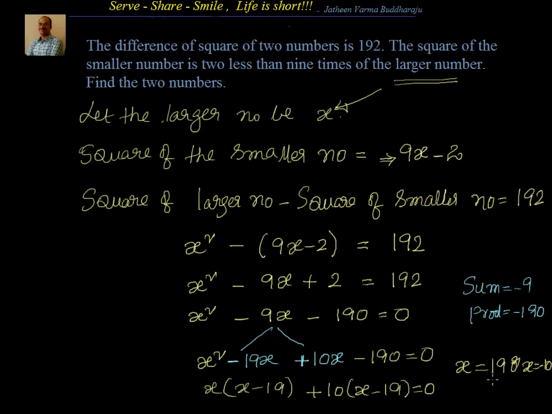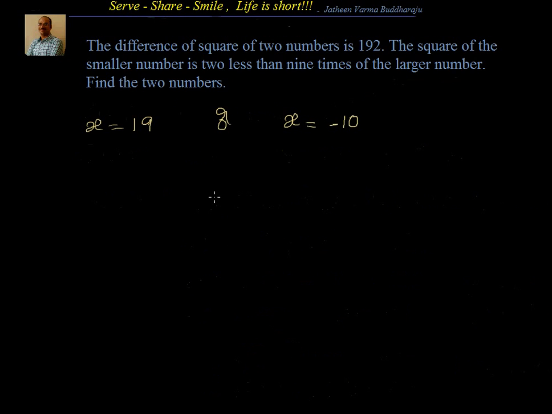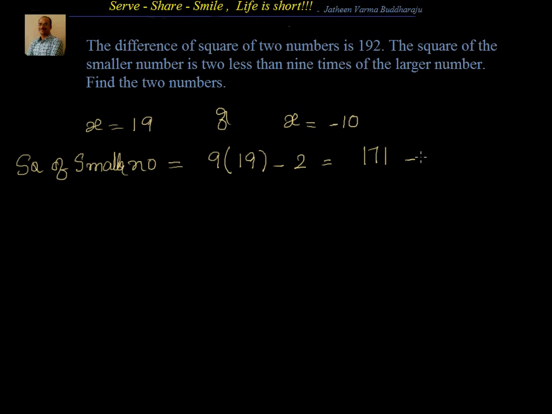If the value of x is 19, then let's find out the smaller number. So we know now that the larger number is 19. Then we know that square of smaller number is equal to 9 into x minus 2, or can I say 9 into 19 minus 2, that's equal to 171 minus 2 equal to 169.